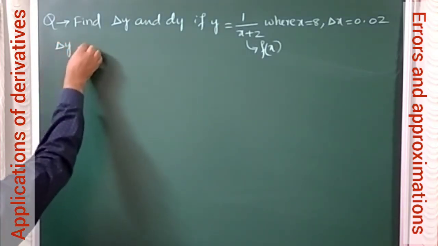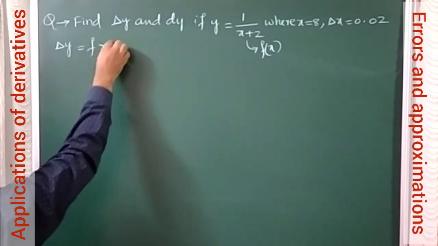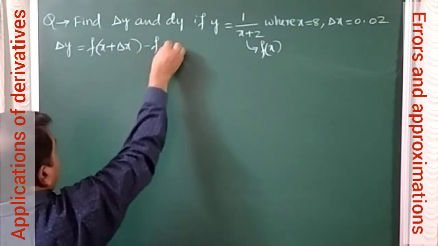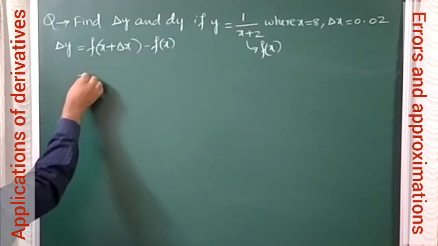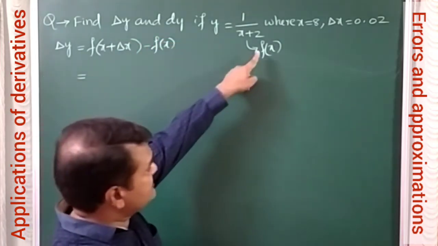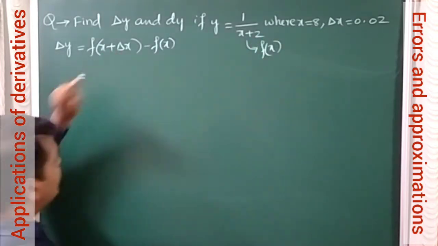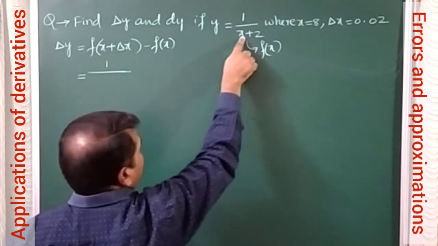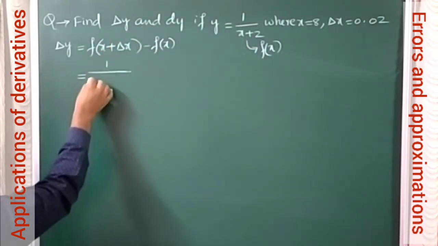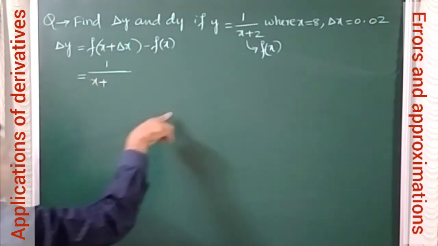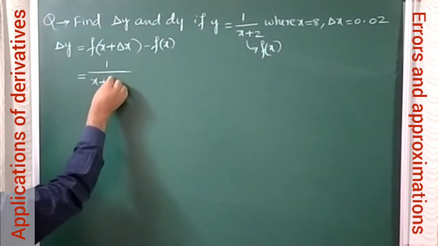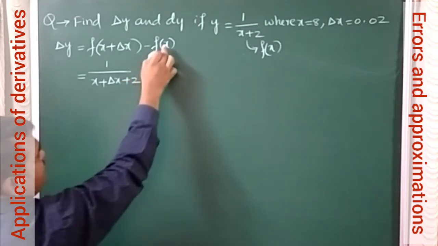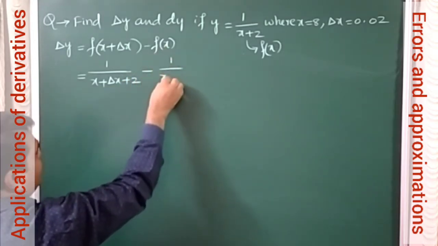So we know that delta y is f of x plus delta x minus f of x. So this is f of x. For f of x plus delta x, just instead of x, write x plus delta x. So f of x plus delta x is 1 by (x plus delta x plus 2), minus f of x, which is 1 by (x plus 2).